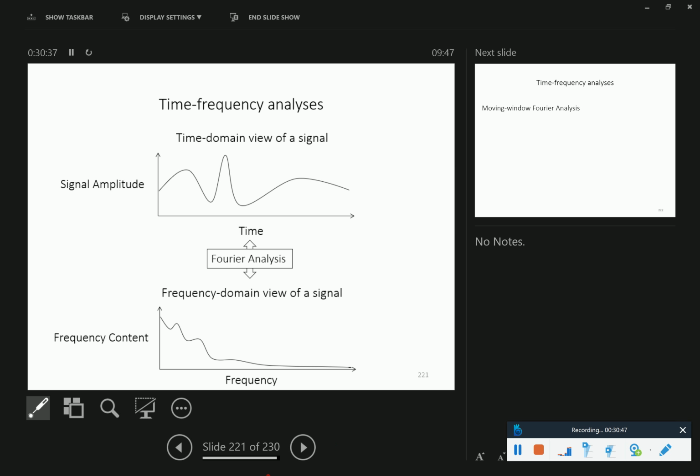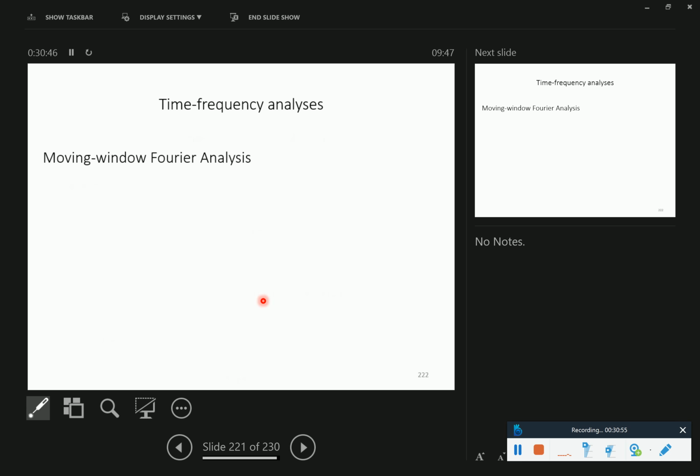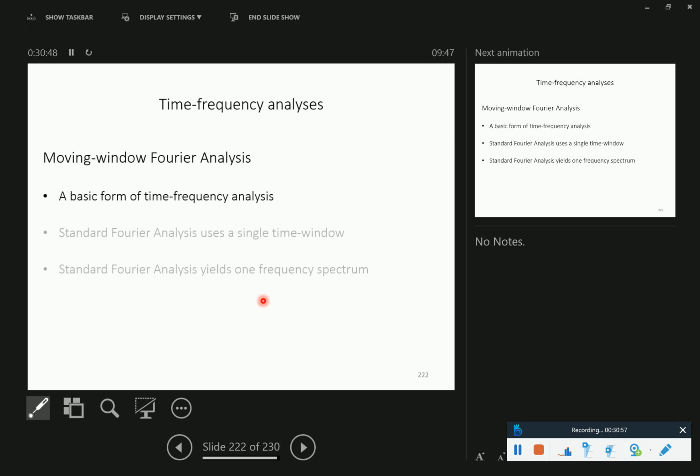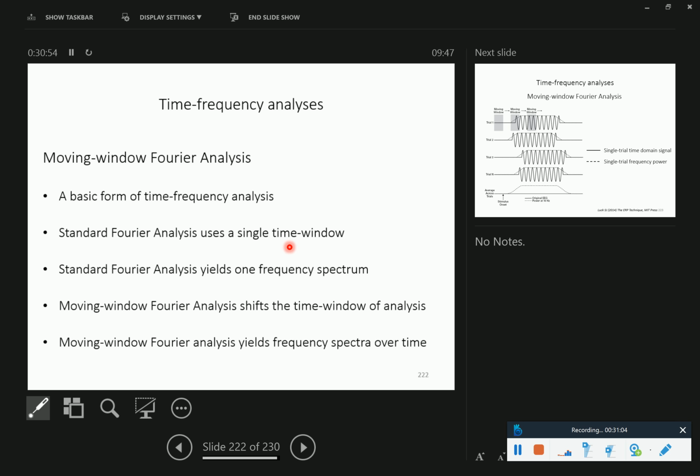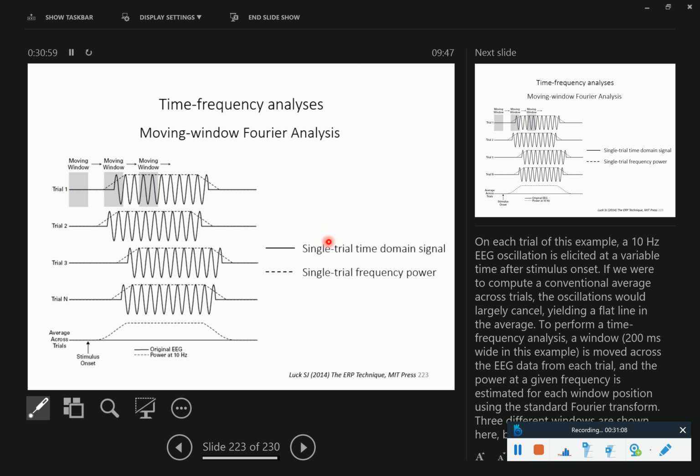So we've seen Fourier analysis here, where the idea was that you have a signal over time and you do one frequency component, but of course you can do that in windows. So instead of using a single time window, you can use a shifting time window to do your analysis.